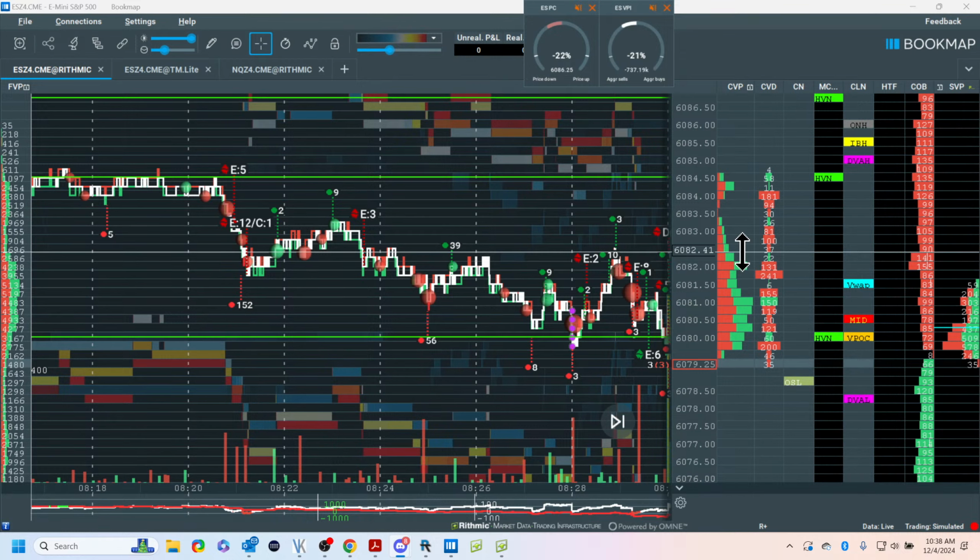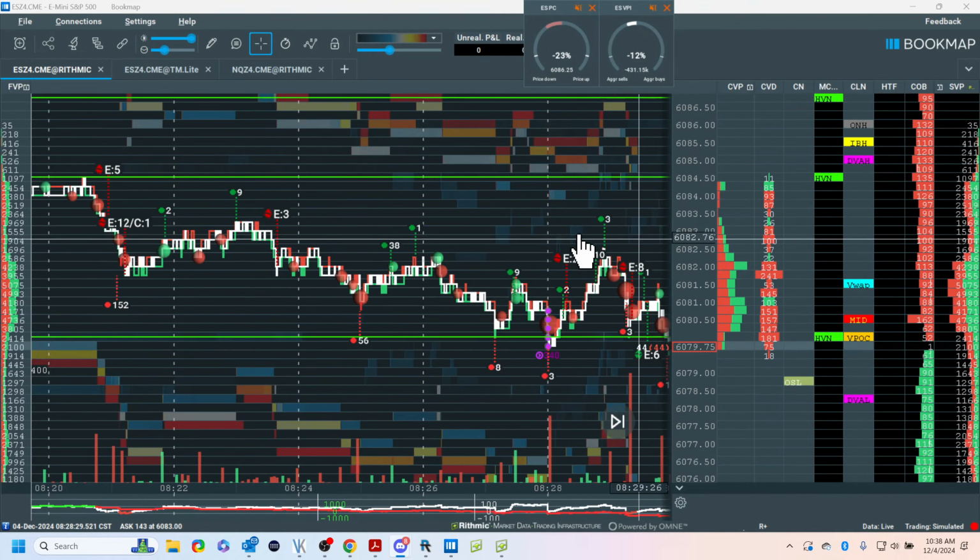Getting to the previous close or settlement, a 48% probability. Getting to the ETH high, about a 76% probability. Getting to the ETH volume point of control, that's the highest volume, is about a 79% probability. So, kind of nice.